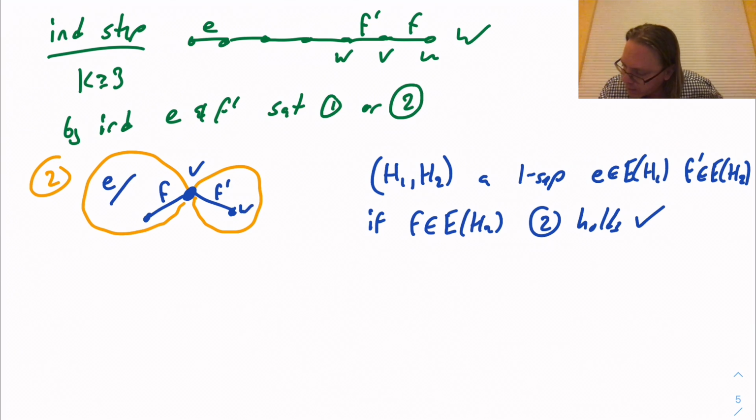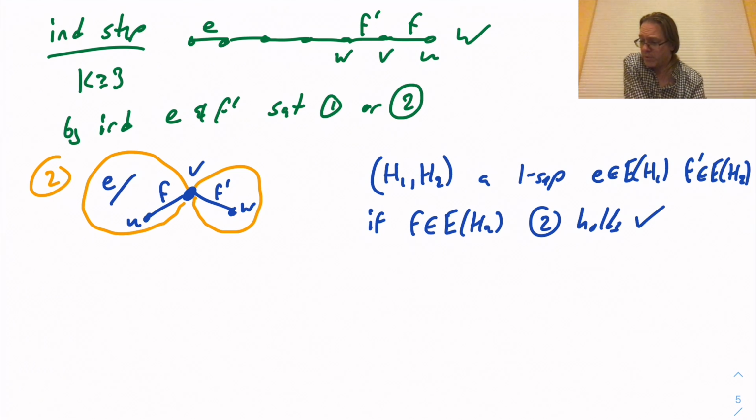So this would be the vertex W, and this would be the vertex U over here.